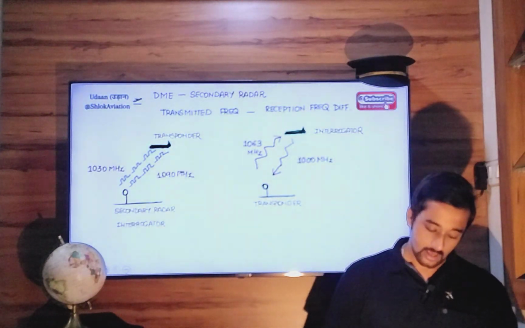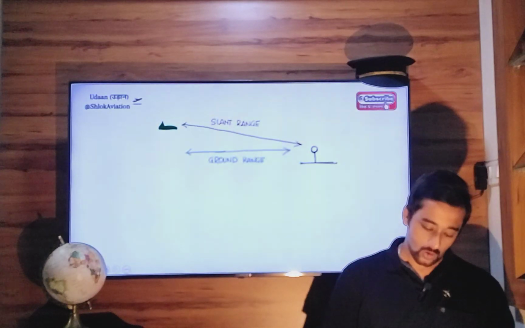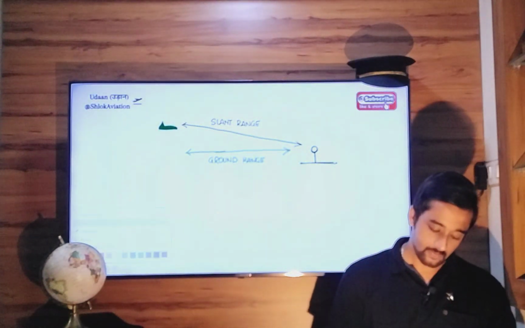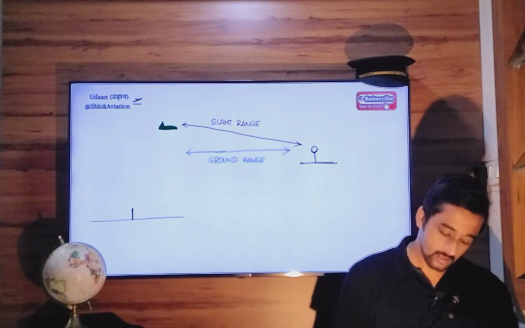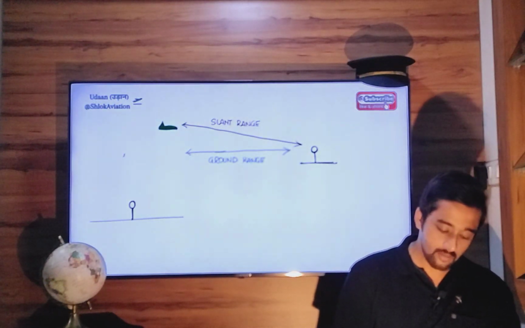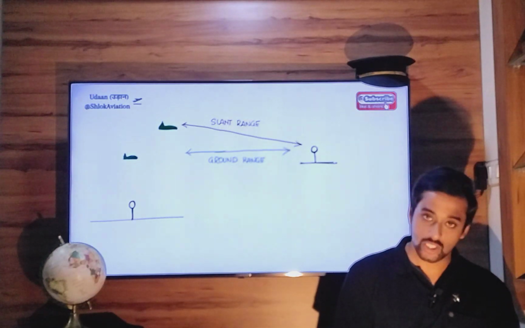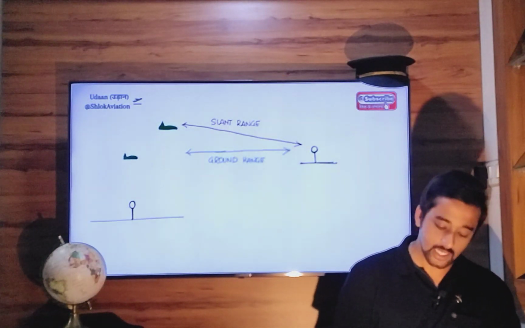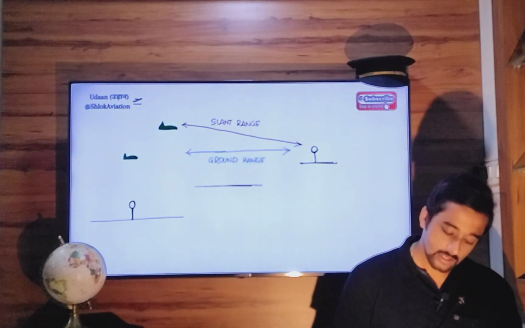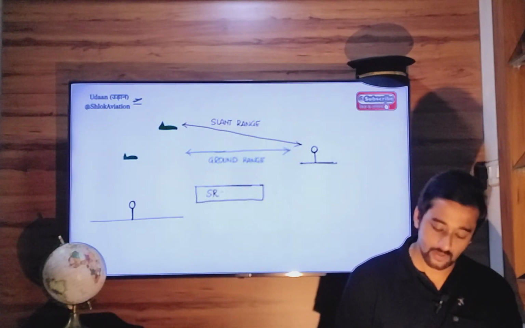That is wrong. When you directly pass overhead a DME station, the DME will still show slant range information on the display.